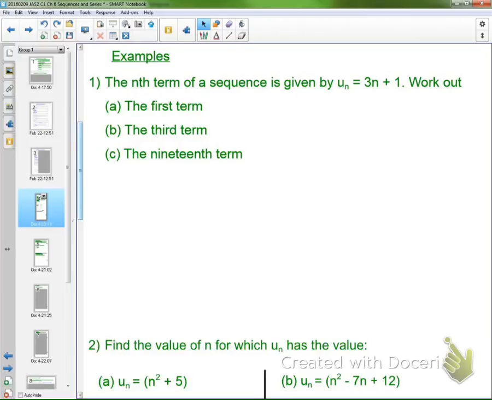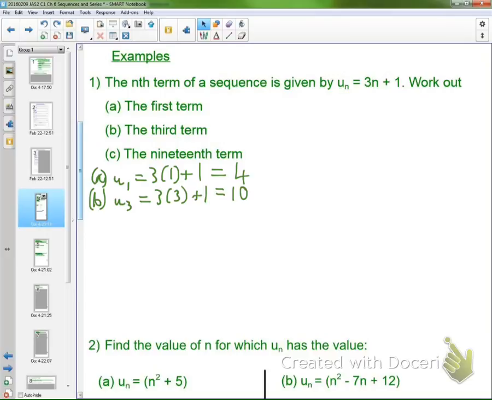So we have here the nth term of a sequence, and it's defined by 3n plus 1. To find the first term, all we have to do is substitute n equals 1 into our nth term expression. So u1 is equal to 3 times 1 plus 1, which is equal to 4. For the third term, we just substitute n equals 3, which gives us 10.